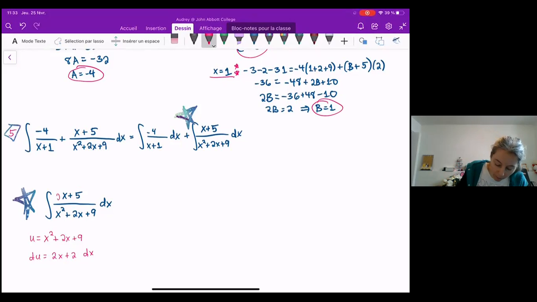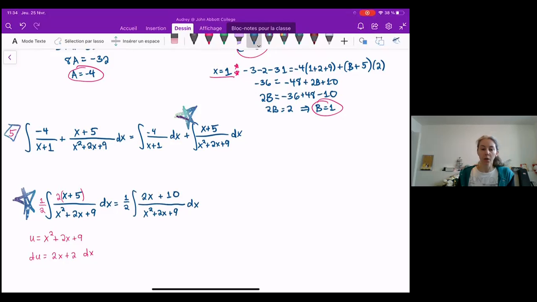So I'm going to start by multiplying by 2. So I'm multiplying the whole numerator by 2 and then dividing by 2. So I'll end up with 1/2 of 2x plus 10 over x squared plus 2x plus 9 dx. So I multiplied and divided by 2 to have that 2x, and now I want a plus 2. So I'm just going to put it there, plus 2. But like with special division, I also have to subtract it.